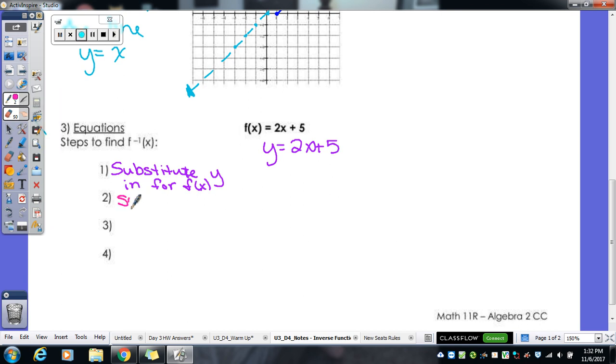Second step, switch your x and your y. So instead of y equals, it's going to become x equals 2y plus 5. So then your third step, you're going to solve for y.